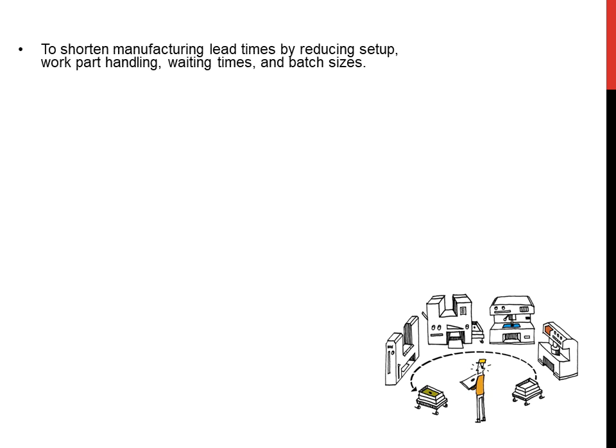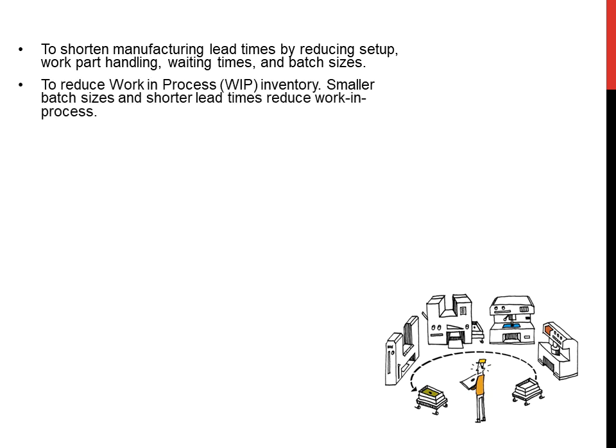The objectives of cellular manufacturing include the following. First, to shorten manufacturing lead times by reducing setup, work part handling, waiting times, and batch sizes. To reduce work in process, WIP, inventory. Smaller batch sizes and shorter lead times reduce work in process.